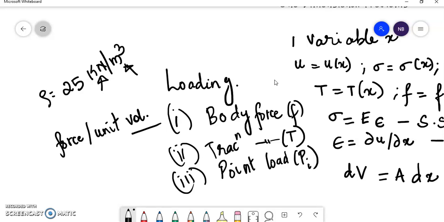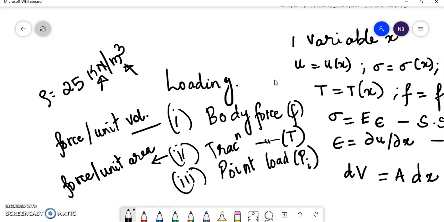Traction is a distributed force which is acting on the surface of the body, and the units of this are force per unit area. For one-dimensional body, traction force is defined as force per unit length. This is done by taking the traction force to be the product of force per unit area with the perimeter of the cross section.